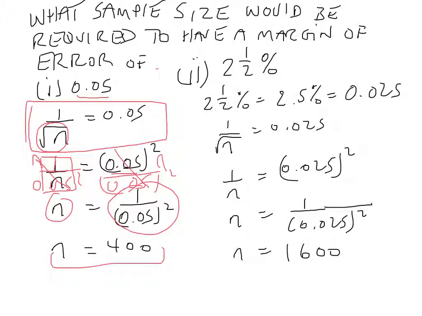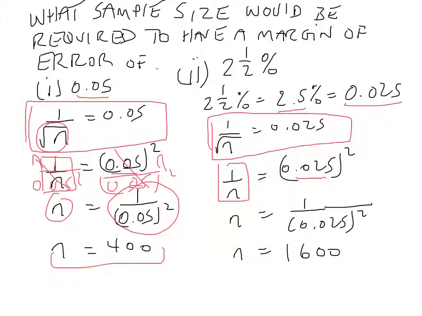If our margin of error is 2.5%, that's the same as 2.5 divided by 100, which is 0.025. So now we equate 1 over the square root of n equal to 0.025. And again, algebraically, the first thing we need to do is square both sides. So 1 over the square root of n squared is 1 over n, and this is 0.025 squared.